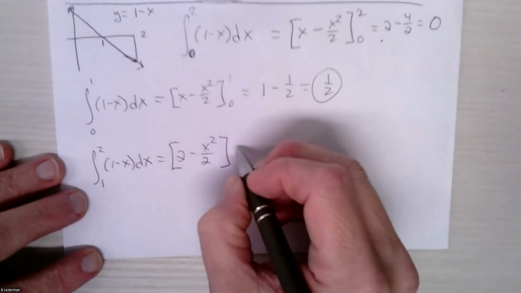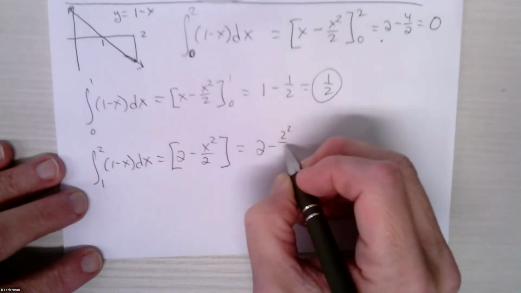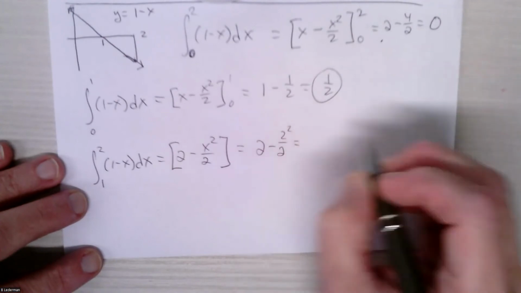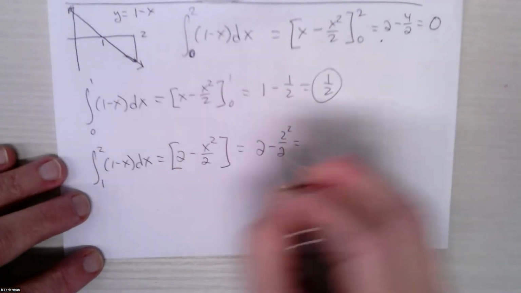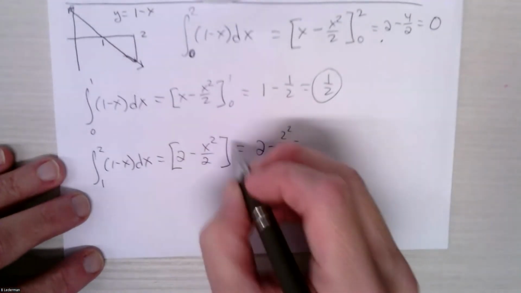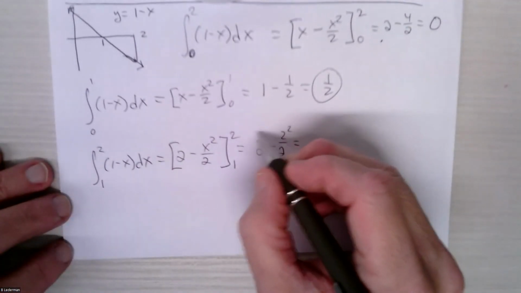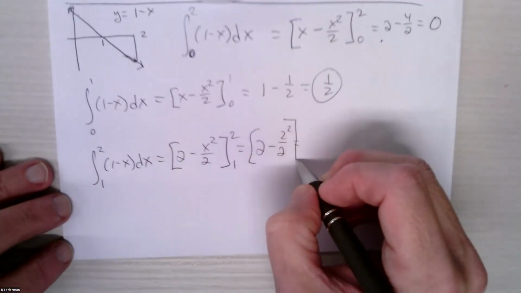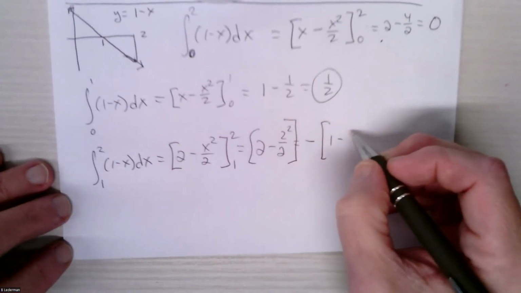This becomes 2 minus 2 squared over 2, minus 1 minus 1 squared over 2.